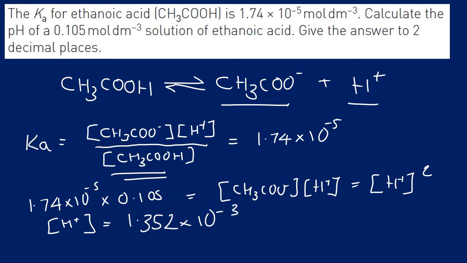Then I can put that into minus log base 10 of 1.352 times 10 to the minus 3, so my pH, to 2 decimal places, is 2.87.